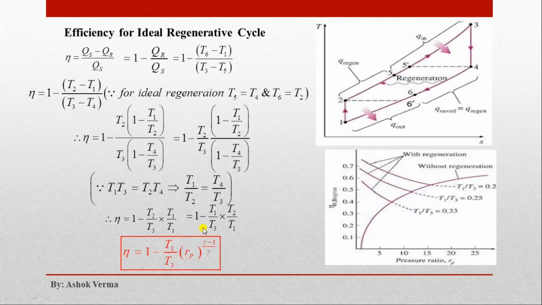So finally you will get the efficiency of the Brayton cycle with ideal regenerator equal to 1 minus T1 by T3 into RP to the power gamma minus 1 by gamma.